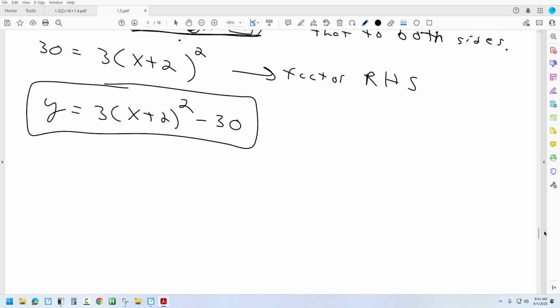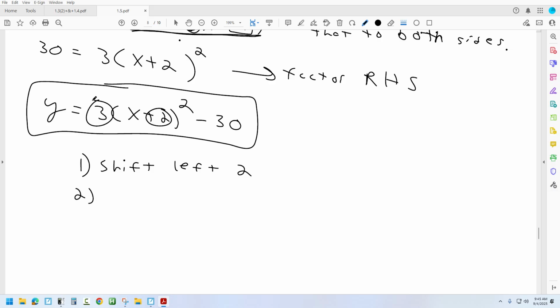Now let's describe the transformations. Okay, start with the 2. What's that 2 going to do? It will shift it horizontally left, sorry, no, left 2. Okay, so shift left 2.